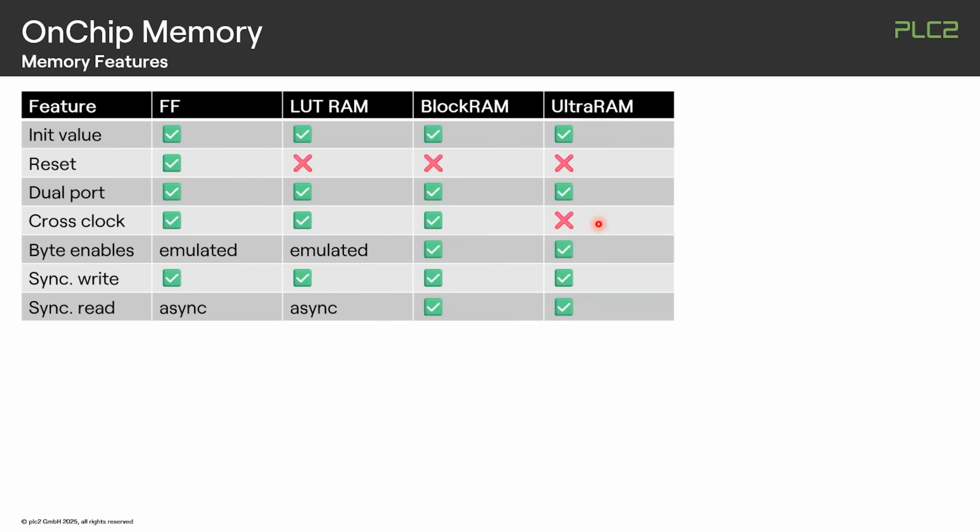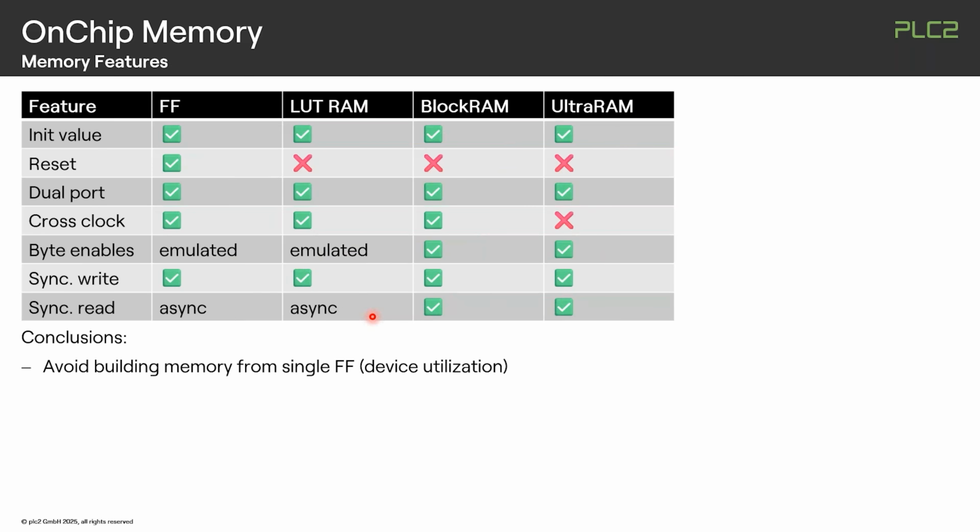So that's one optimization to get bigger memories on the UltraScale Plus devices. They sacrifice the second clock input. We have byte enables available with BlockRAM and URAM, and we can emulate this based on the VHDL code with single flip-flops and lookup table memory. Writing is always synchronous into the memory, and the first 2 variants have asynchronous reading of data.